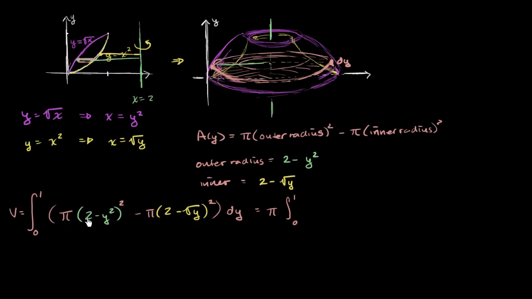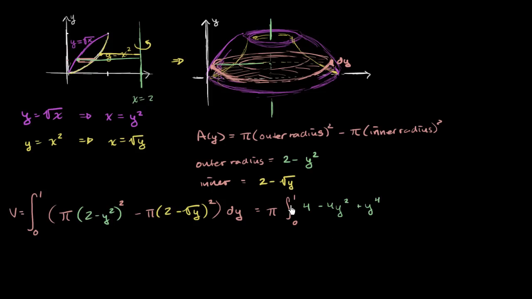And then let's square this stuff that we have right here in green. So 2 squared is going to be 4. And then we're going to have 2 times the product of both of these terms. So 2 times negative y squared times 2 is going to be negative 4y squared. And then negative y squared squared is plus y to the fourth.